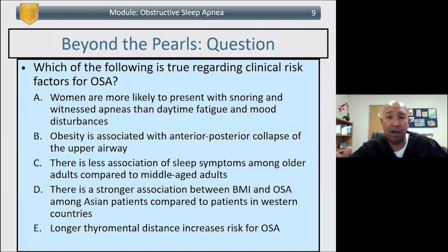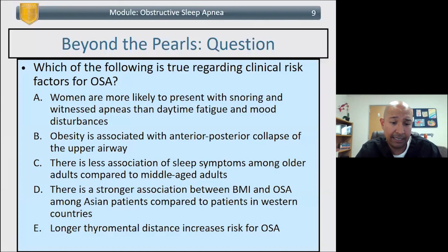If you don't know, I'm half Indian and half Filipino, so I can speak on my Asian Filipino side: a lot of Asian individuals don't have OSA based just on body mass index and being overweight or obese. It's really the anatomy of the upper airway. So D is wrong, because there's less of an association between BMI and OSA in Asian patients.